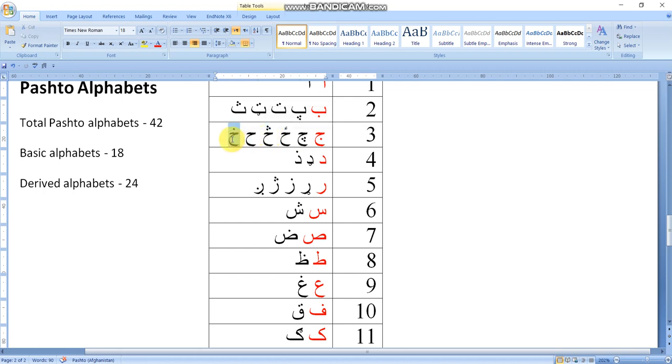He, or He. There are two derivatives of dal, which is called dal and zal.